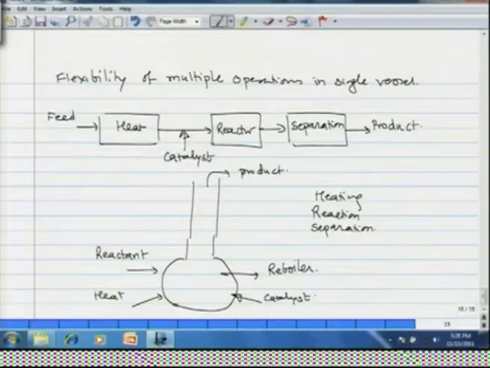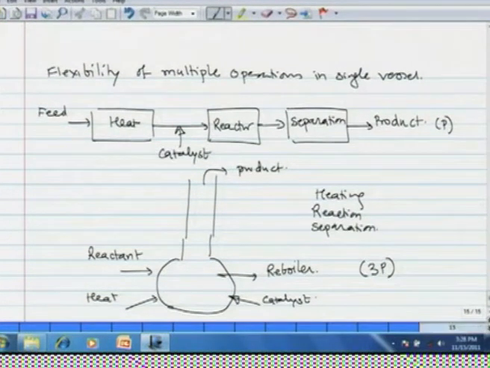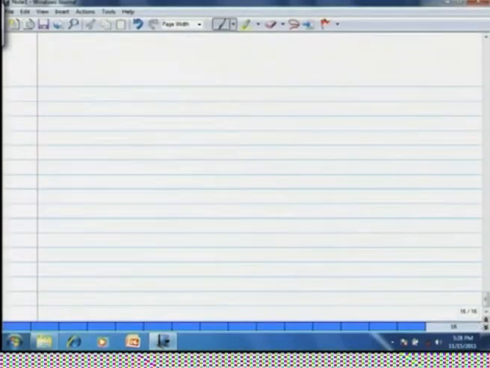Now, the cost of 3 separate vessels and the cost of a single vessel is much different. There you achieve the economy of scale. However, if the production rate in a continuous process is P, then to achieve the same production rate, you will have to take a larger vessel, which is of capacity 3P. So, now we list the decisions that lead to the choice of process, whether continuous or batch.